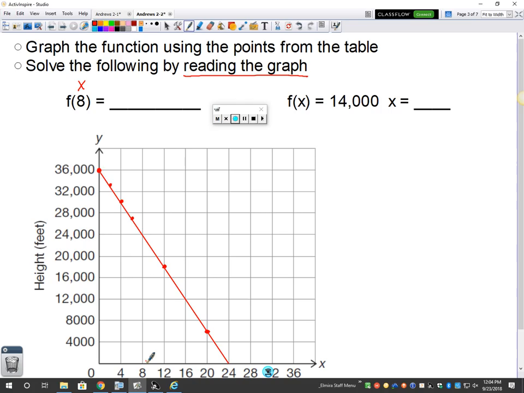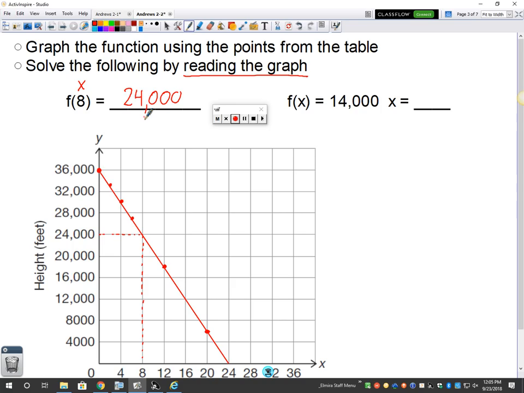We're basically reading the graph the opposite direction from lesson 2-1. We're starting at 8, working our way up and going across, and finding that it appears to be around 24,000. Could be 24,001, you don't know, but that's the estimate.